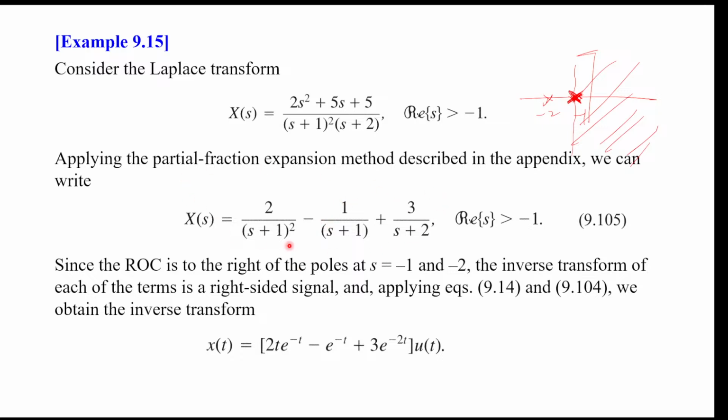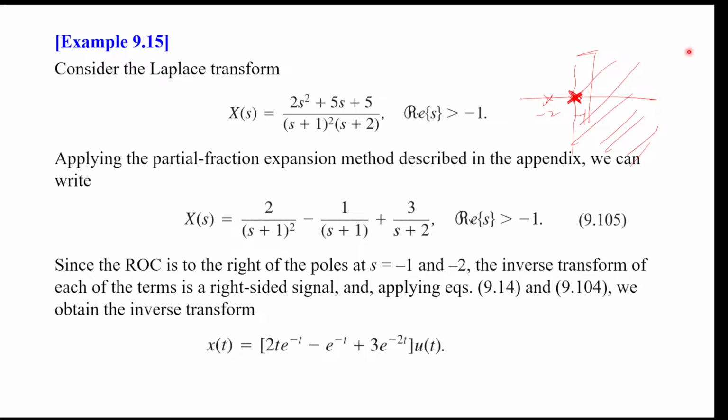Okay, so this is a partial fraction expansion of this rational signal, and then the ROC is still the same. The ROC here was greater than -1, and here we have also greater than -1.